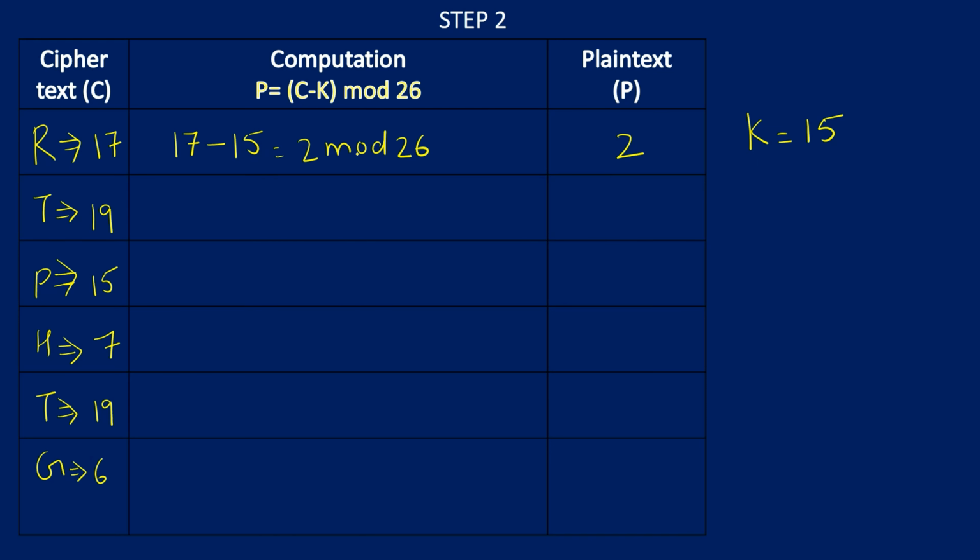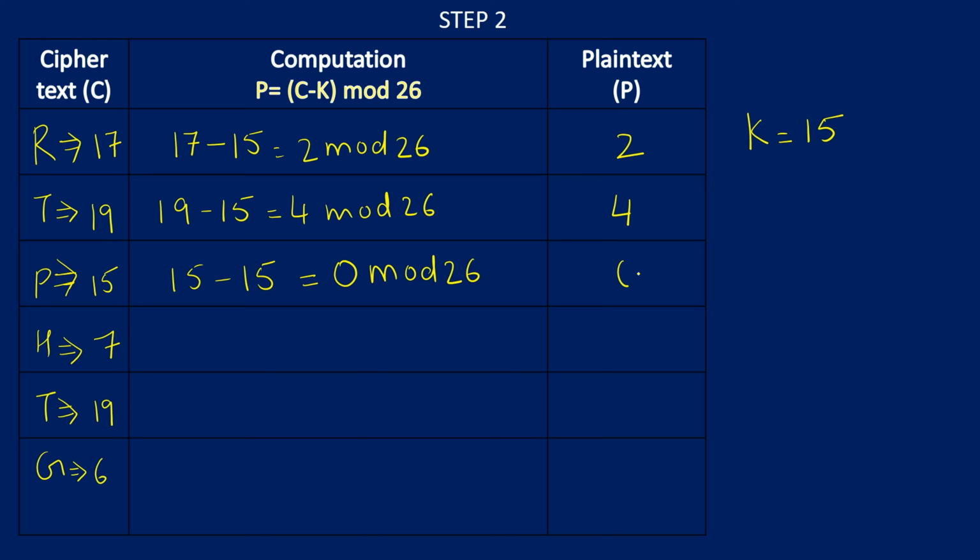If the number is positive and less than 26, you retain it as it is. So the next number is 19. 19 minus 15, we get 4 mod 26. Again 4 is less than 26, so we keep it as it is. The next number is 15. We subtract the key 15 from it. So 15 minus 15 is 0 mod 26. Again 0 is less than 26, so we retain it as it is.